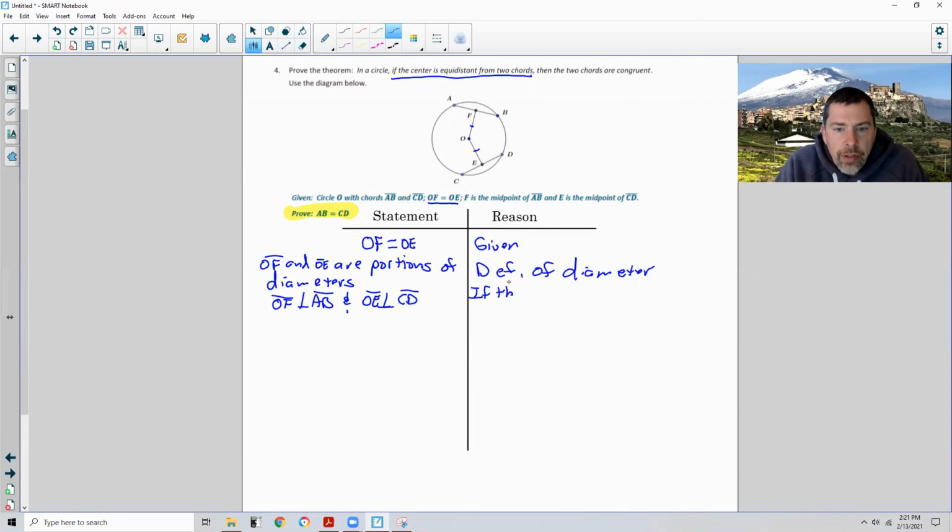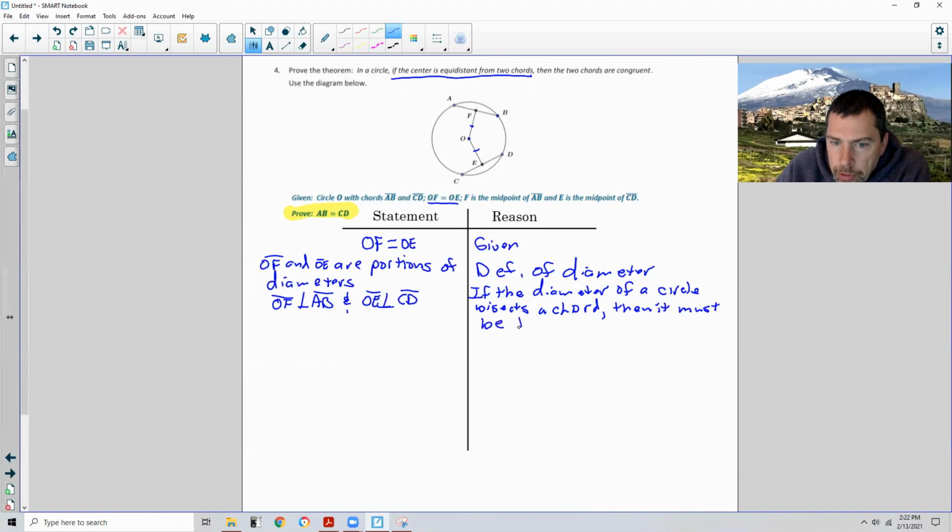If the diameter of a circle bisects a chord, then it must be perpendicular.